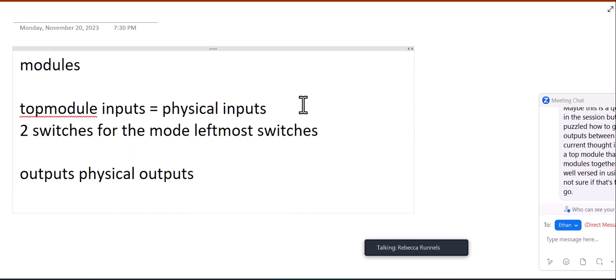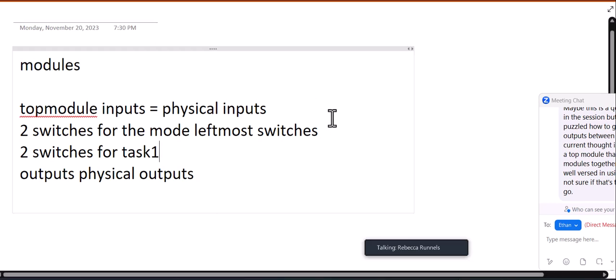And then, for the basic design, you only need to have 2 switches for task 1. If you want to do the bonus, you could have up to 4 switches.